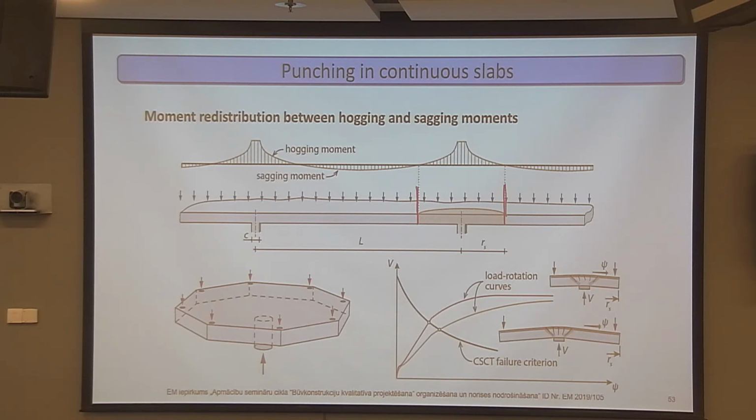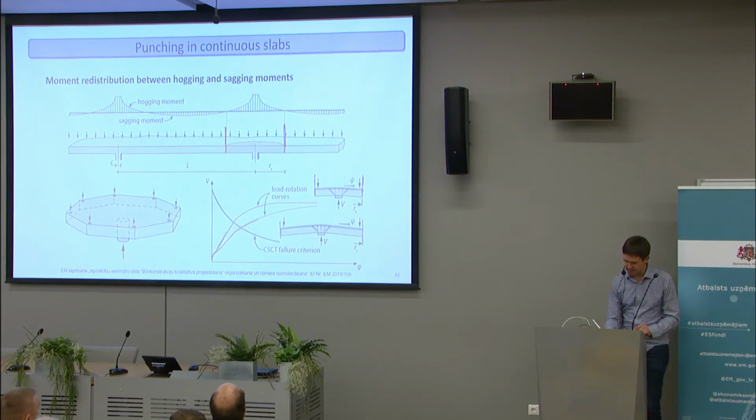Because when we test specimens with different sizes, then we see that the size, or the span of the specimen, will obviously influence the load-rotation criterion. If you have a larger specimen, then the rotation will be larger. And if the specimen is more compact, then the behavior will be stiffer because the specimen is smaller.